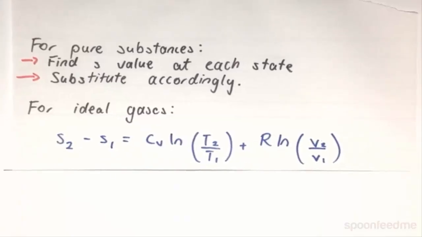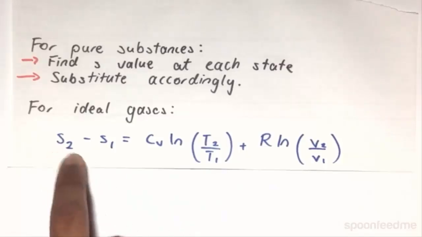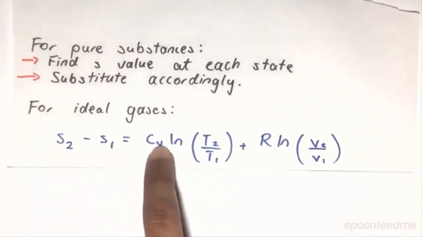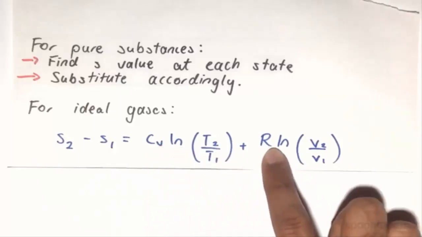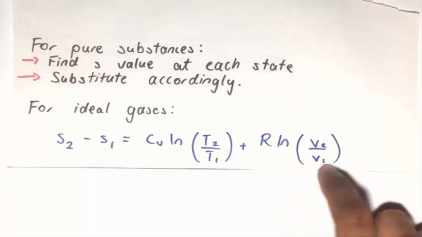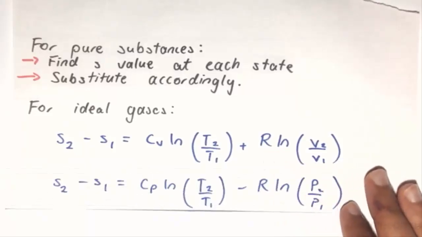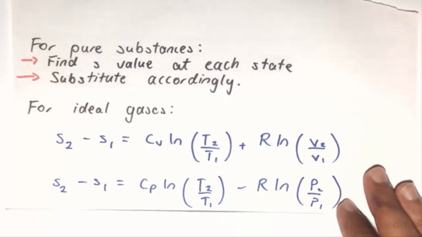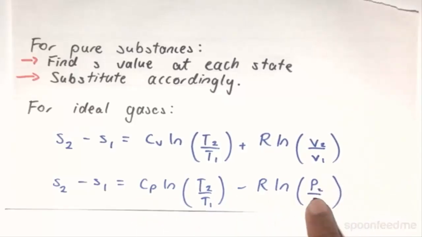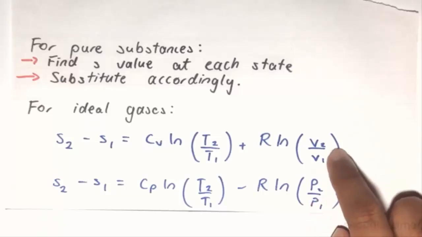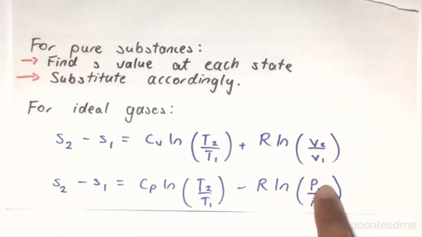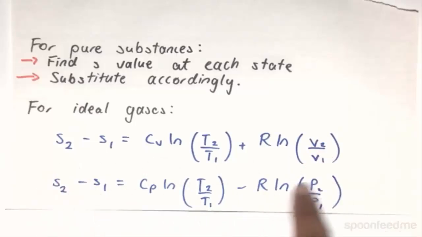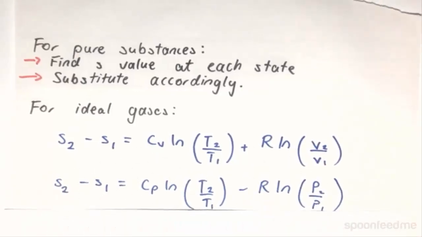So you can look at the internet or anywhere else to find the derivations of these, but S2 minus S1 is equal to Cv natural log of T2 on T1, plus the gas constant natural log of V2 on V1, and another equation that is actually exactly the same, however this time we'll be using Cp and P. What will determine which one you use is when you have the volume values but not the pressure, and likewise if you have the pressure values but not the volume values, you use the other one. It generally goes on a case-by-case basis.